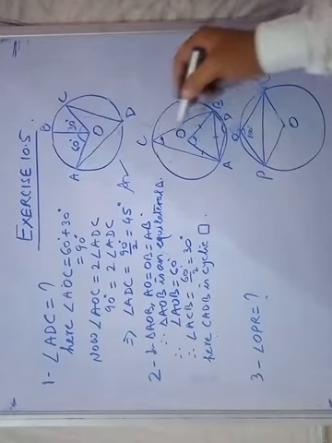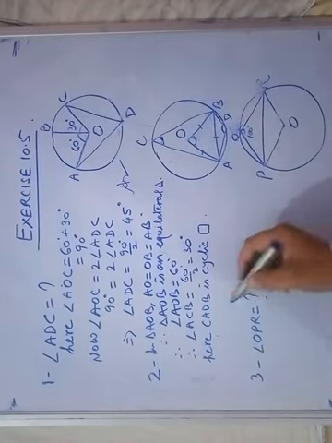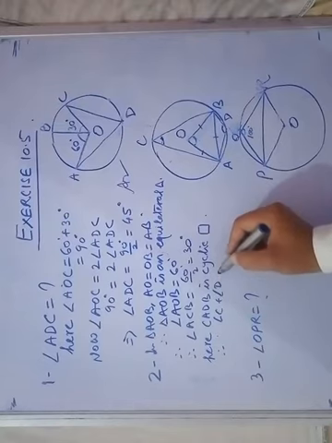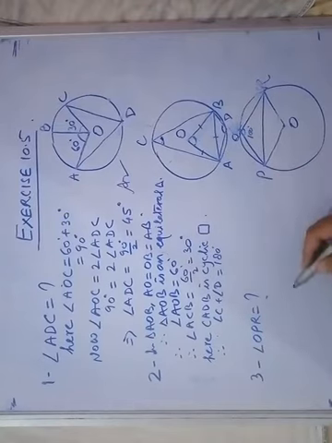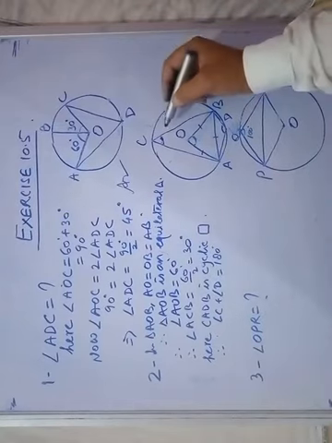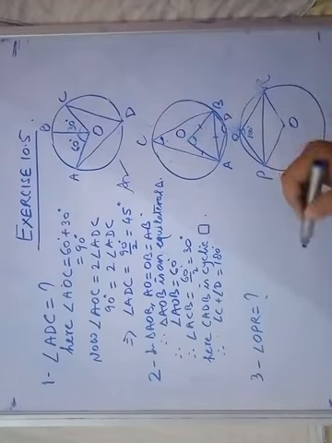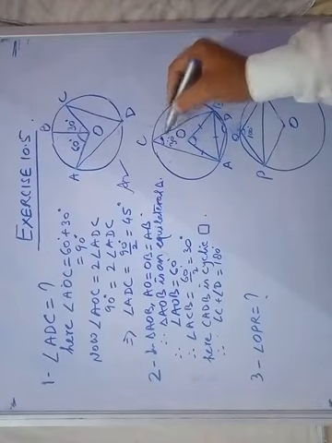So angle C plus angle D equals 180. Here angle C equals angle ACB, that is 30 degrees.